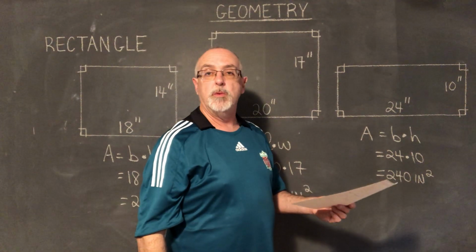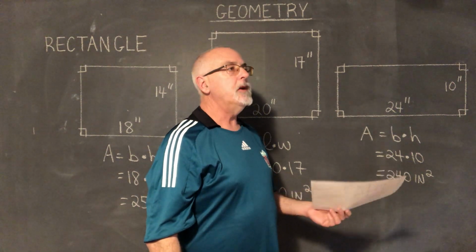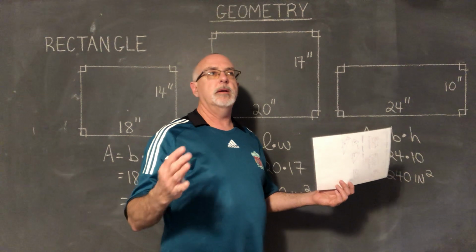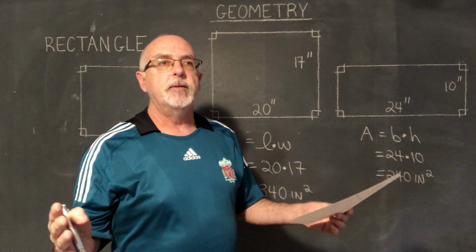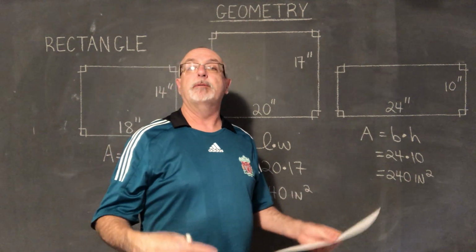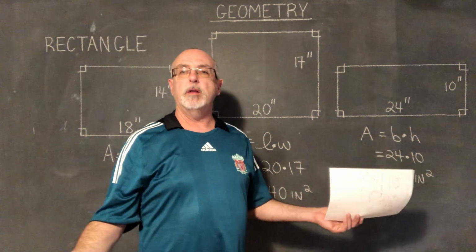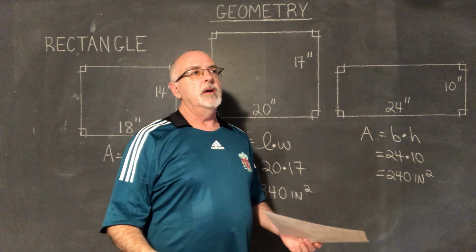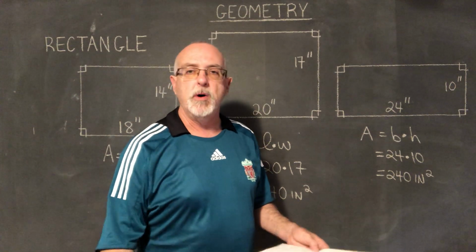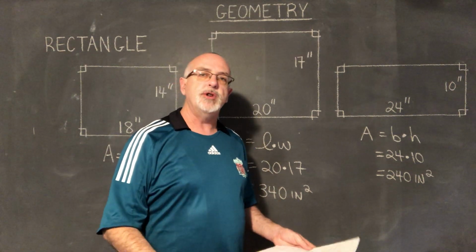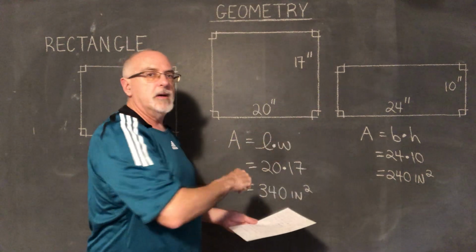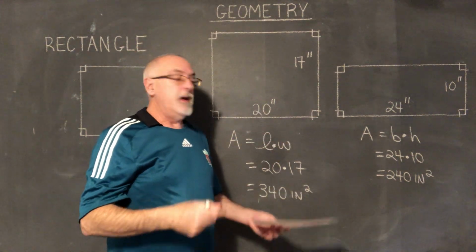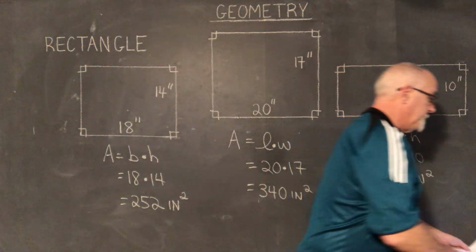Let's see now, is there anything else on my list of stuff to cover? I think I'm just going to do one more rectangle. I'm going to make up a rectangle that would be, for instance, a backyard that I might have to mow. So let's say we have a rectangular backyard and it's all grass and we have to mow it. We want to know how much area we have to mow. This is a practical application of the way we use our rectangle geometry and our area formula.